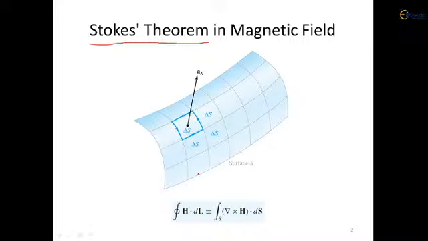The other way is to first carry out the curl operation of the magnetic field intensity vector, which gives the cross-sectional current density J. We then surface integrate that for the given dimension, and it will also give us the total amount of current flowing through that particular loop. So this is the introduction to the Stokes theorem in the magnetic field.